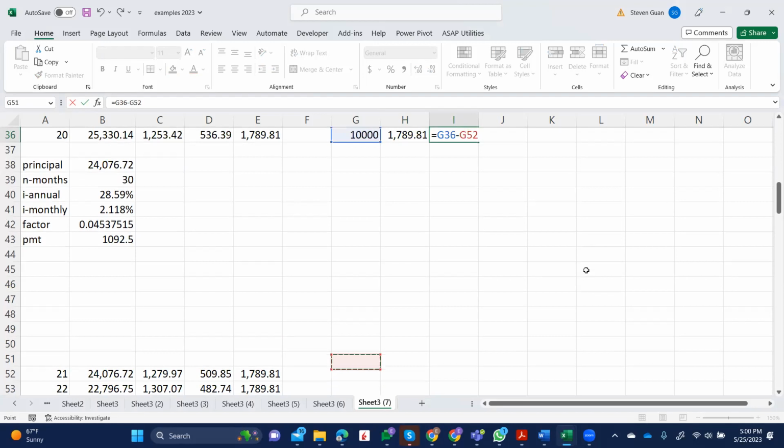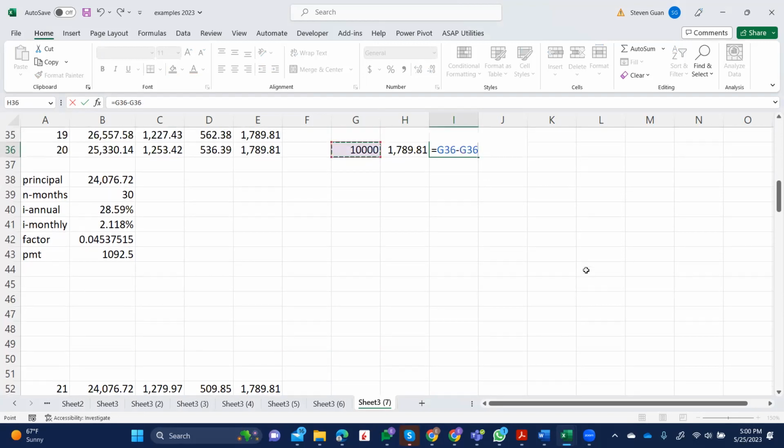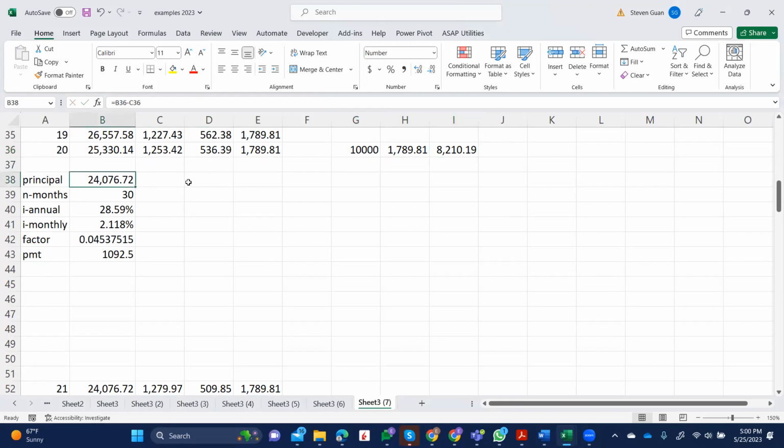Is this one here minus this one here, correct? This is what is left from my payment. From my $10,000, I need to pay $1,789.81. So I'm left with $8,210.19 that I can use as a prepayment, correct, guys?